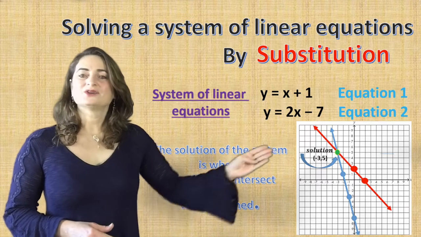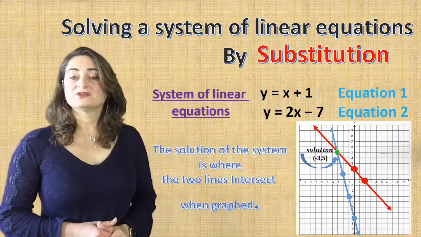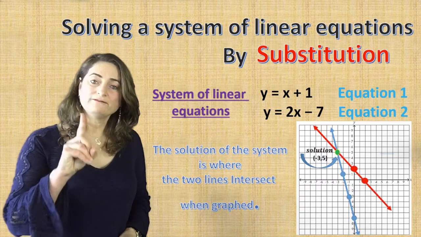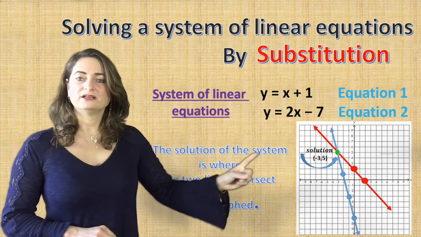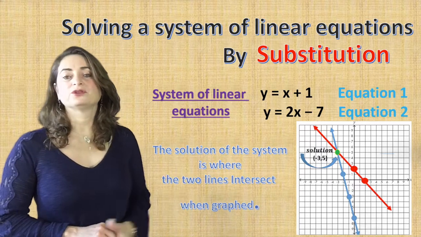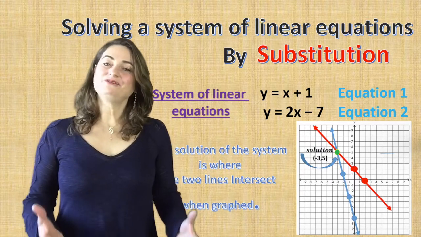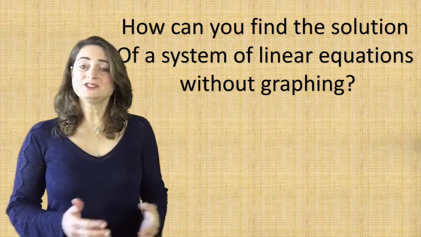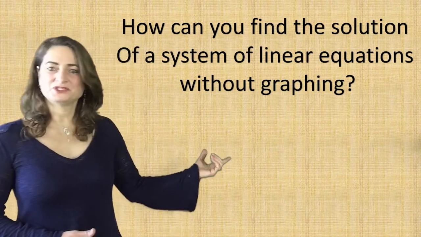That's why it's called a solution, because it solves both equations. And remember, there's only one solution, one value of x and y, which is -3 and 5, that makes both equations true. How can you find the solution of a system of linear equations without graphing? That's what today's lesson is about: substitution.